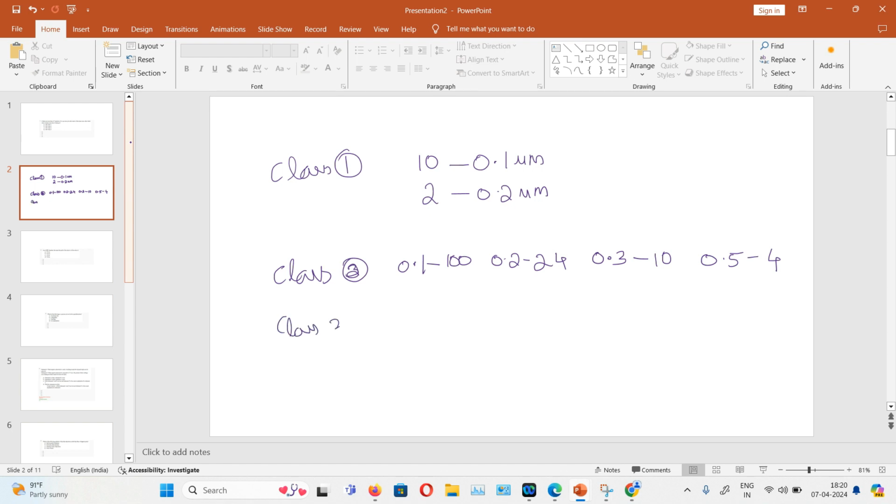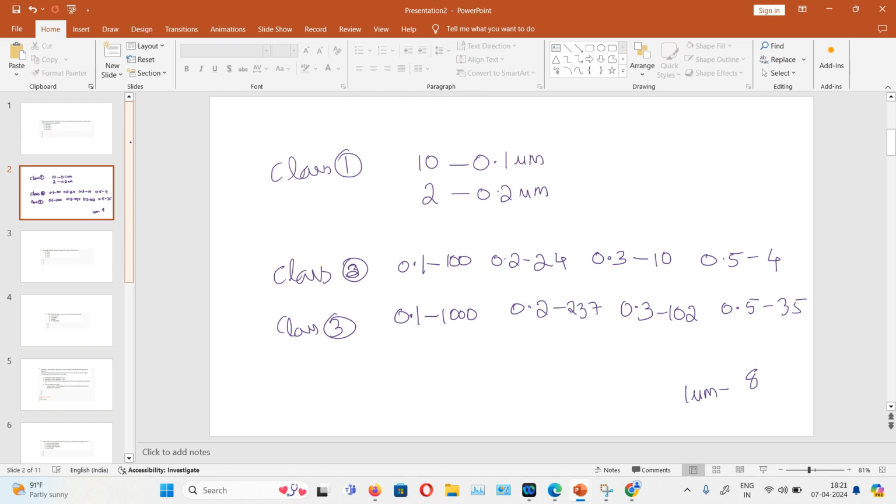Class 3: 0.1 micrometer can be 1000, 0.2 micrometer can be 237, 0.3 micrometer: 102, 0.5 micrometer: 35, and 1 micrometer: 8.